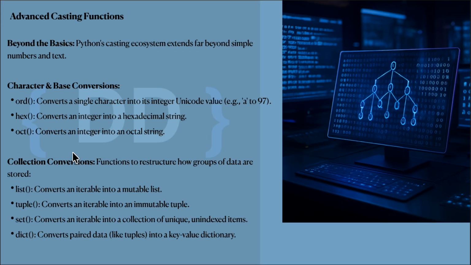Now let's discuss advanced casting functions. There is a whole range of built-in functions for converting not just numbers, but collections and even characters. For example, you can use ord to get the Unicode value of a character, handy when you're dealing with text processing. You can use hex and oct, quickly transforming an integer into hexadecimal or octal strings, which is great for data representation.